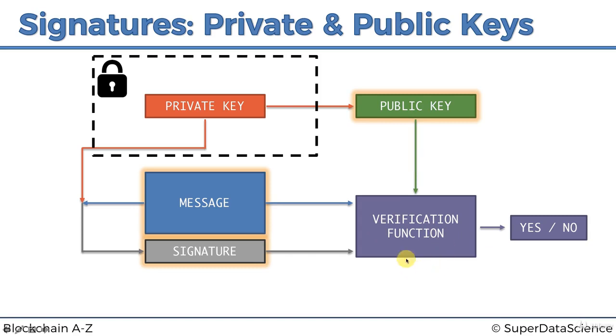So all of the nodes in the network will use the verification function and apply it to these components which come together, and they will see that indeed this signature was created by the same private key which issued this public key. And since this public key came from Sarah, it's attached to the message. There we go. That means this transaction was created by Sarah, indeed.